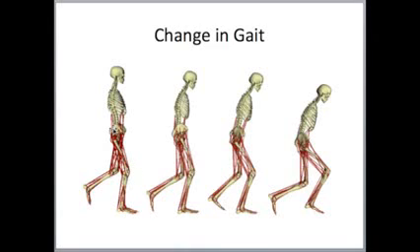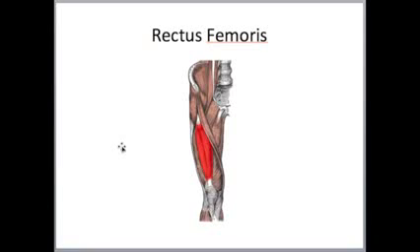One thing I like to point out is that when you have tightness in the quad muscles in the front, specifically the rectus femoris, you get something very interesting. When it gets very tight, it pulls down on the pelvis, the bone right in this area.